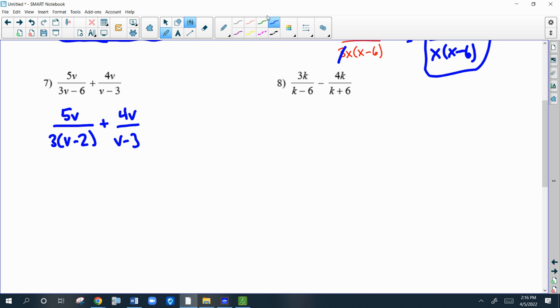But now you need a common denominator between the 3 times v minus 2 and the v minus 3 over here. So you know that by looking at it, the first one is going to need a v minus 3.